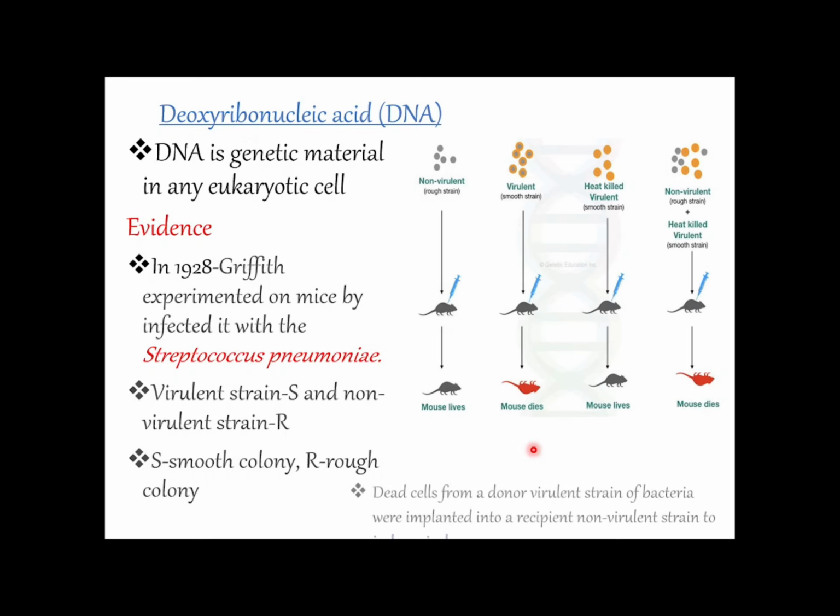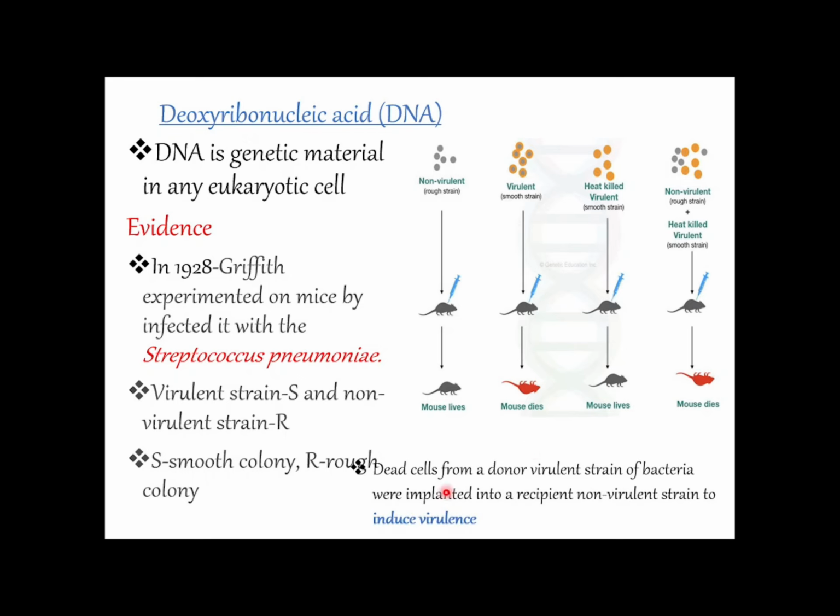And this means dead cells from a donor virulent strain of bacteria were implanted into a recipient non-virulent strain to induce what you call virulence. There is something here I want to recall to you. That is what we call transformation. Something is transformed from the virulent strain into the non-virulent strain.